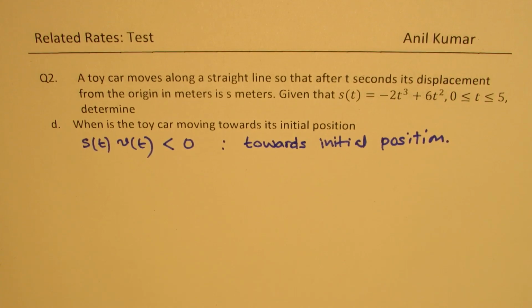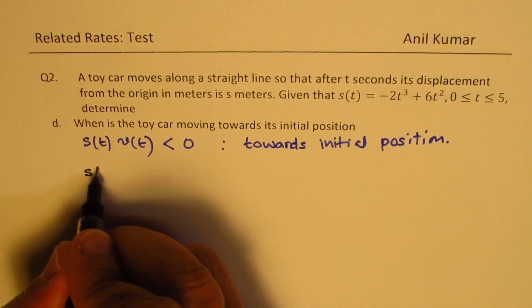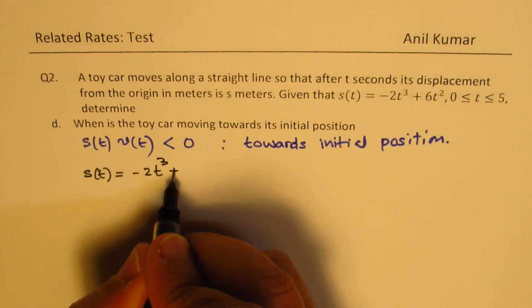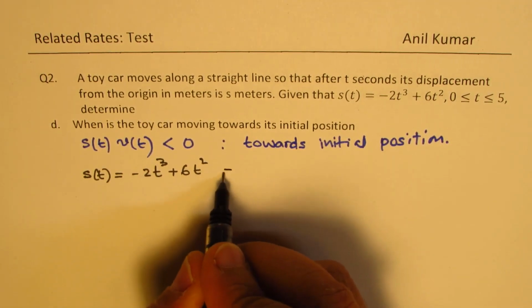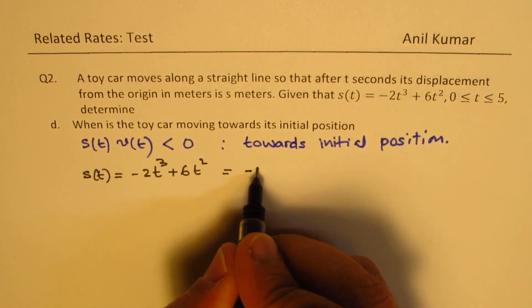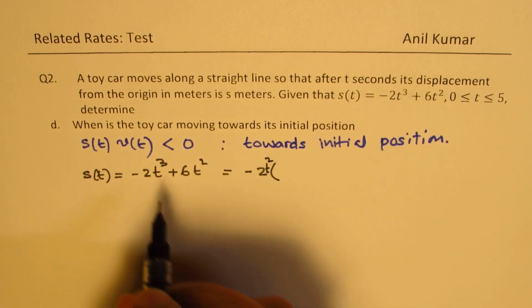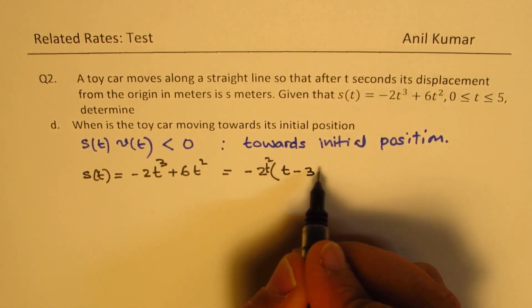So we are going to just test the product of displacement and velocity. So let's work it out. S of t is minus 2t cubed plus 6t squared. You could write this in factored form also. If I take minus 2t squared common, I get t minus 3, right?